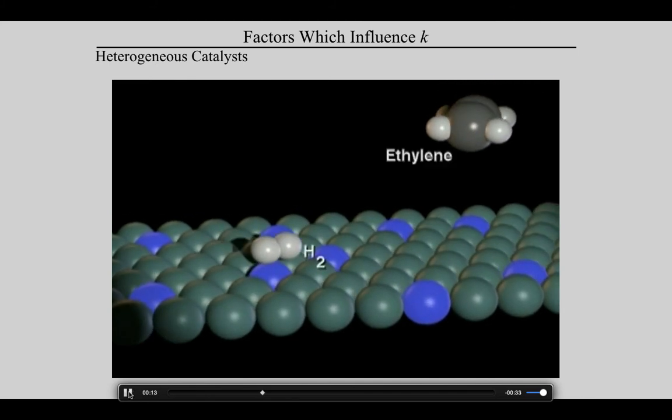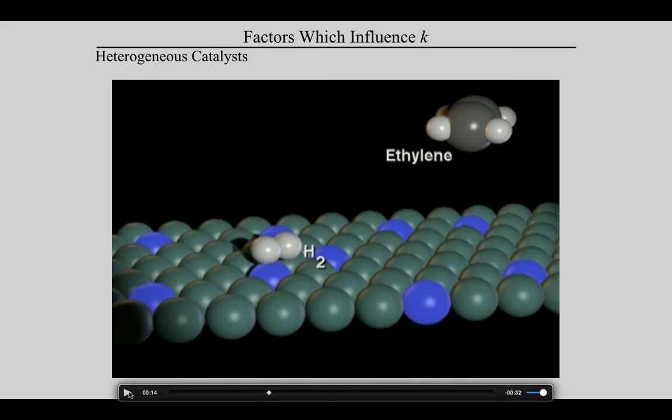When ethylene and hydrogen are... Okay, so here we go. So guys, over here, we've got an ethylene molecule. It's C2H4. It's important to remember that these are sp2 hybrids, so there's a double bond in there. And then diatomic hydrogen, right?